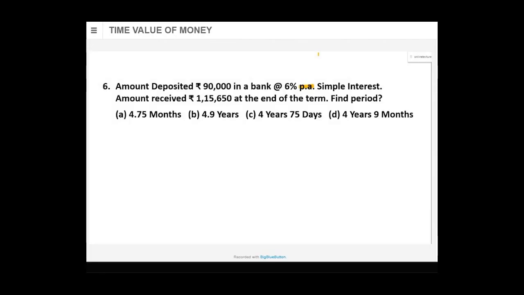Because 0.75 is in years, to make it months, we have to multiply. Not 9 years, 9 months. 0.75 years is 9 months. Be careful.